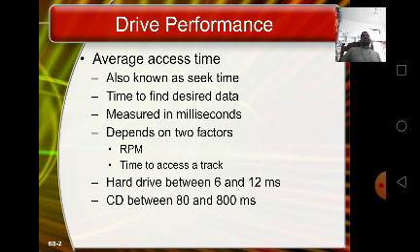Average access times for hard drives can vary, but most good drives work at rates of 6 to 12 milliseconds, many times faster than floppy drives. Some very high performance hard disks have access times as fast as 4 or 5 milliseconds.